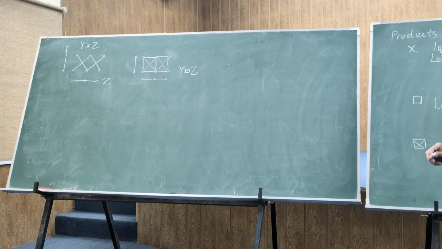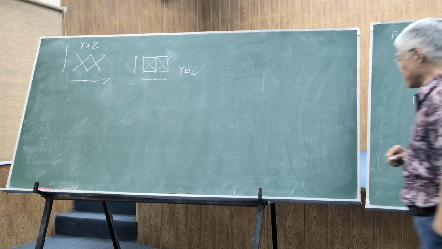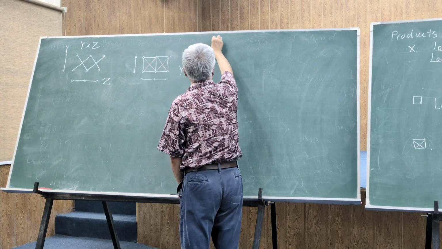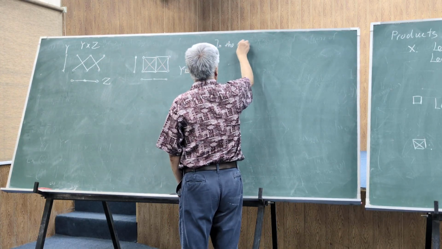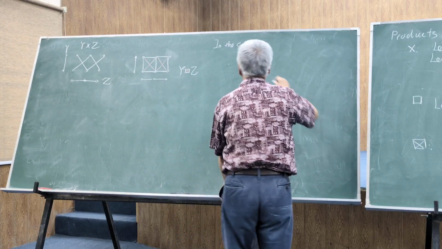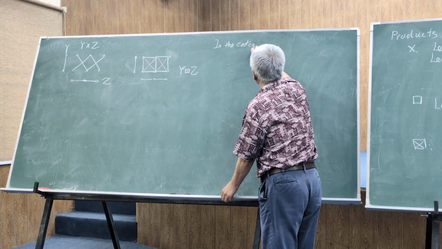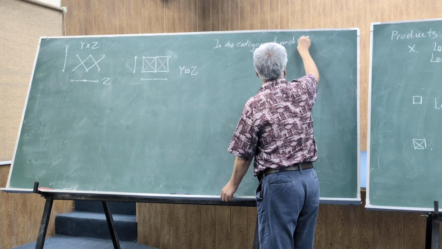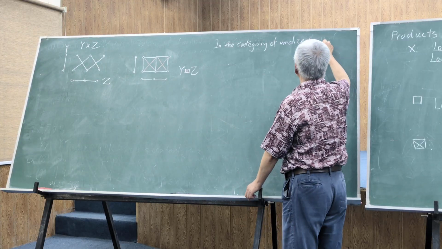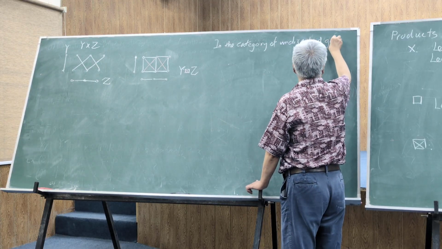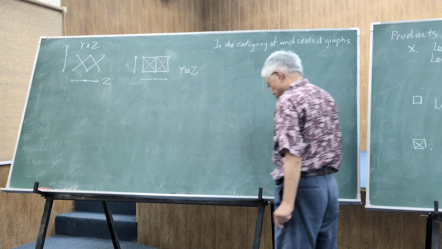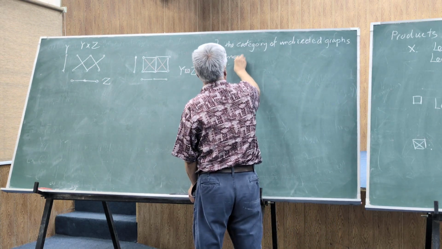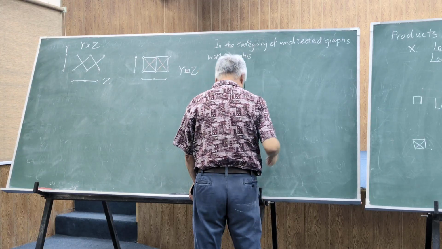without going through the set theory part, we want to state something. First is that in the category of undirected graphs, with homomorphisms as morphisms, as I said, I'm going to use words to say it instead of introducing the symbols.